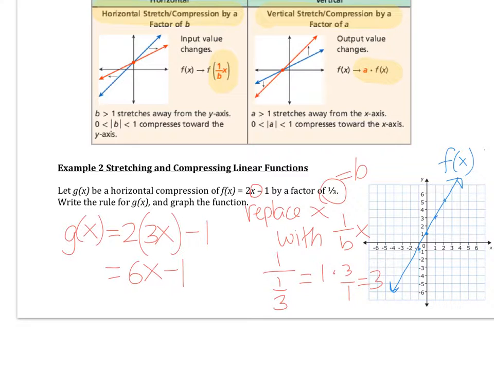So what's that look like graphed? Well, I graph -1, and I need to rise 6. 1, 2, 3, 4, 5, 6 over 1. Or down 6. 1, 2, 3, 4, 5, 6 over 1. And that's my new function.